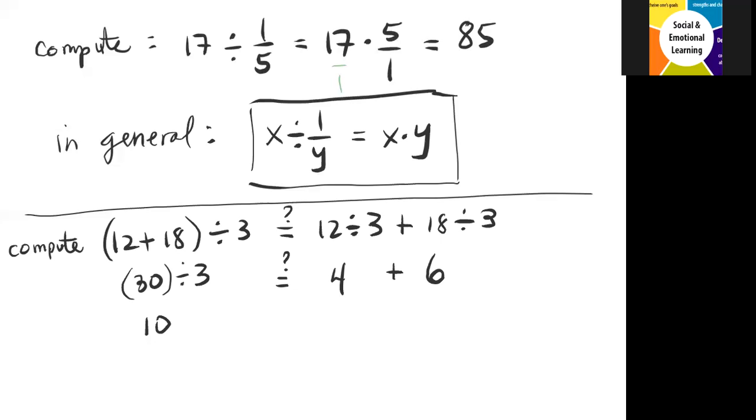So we do actually get the same thing. How does that happen? How does that work? So this does work. This looks like a distributive property for division, like the distributive property for addition.